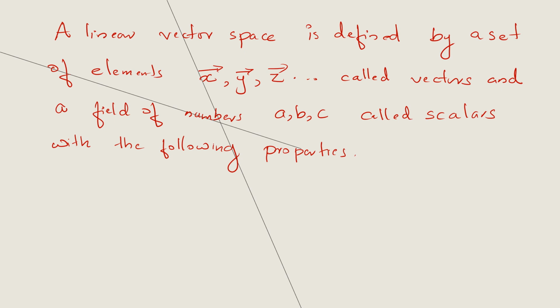Now we are going to discuss which properties are obeyed throughout this linear vector space. The first one is that the space is closed under vector addition.